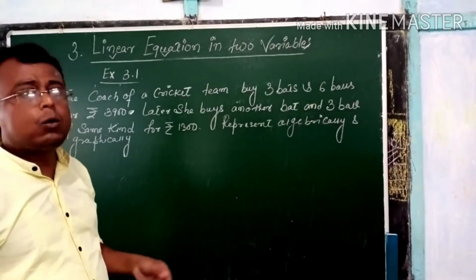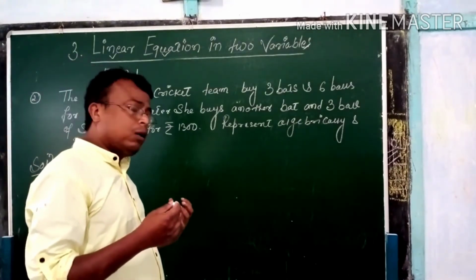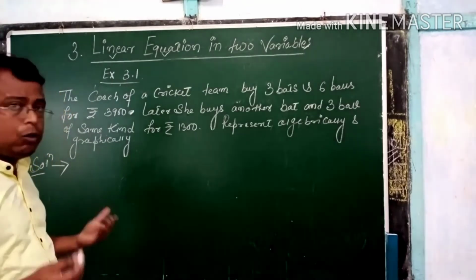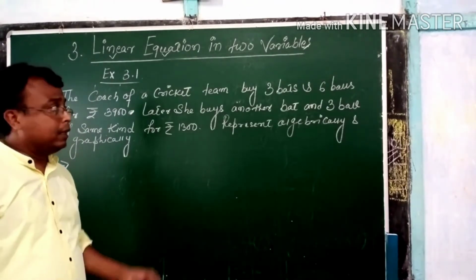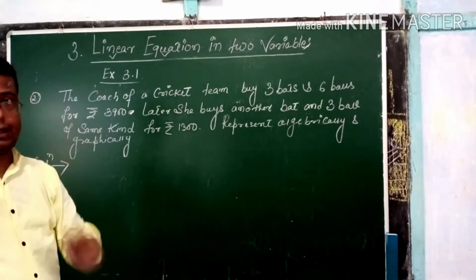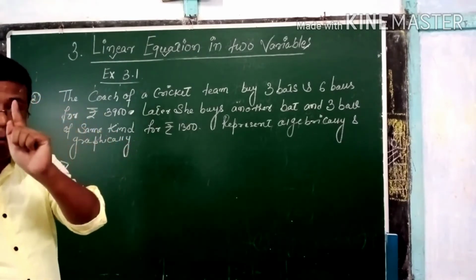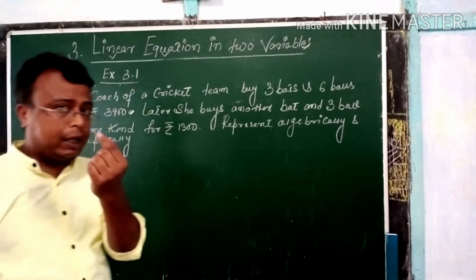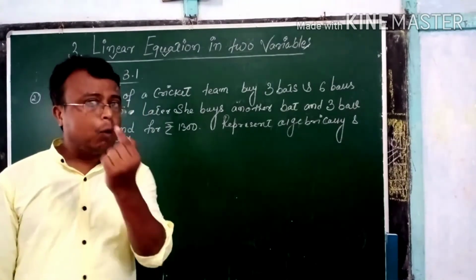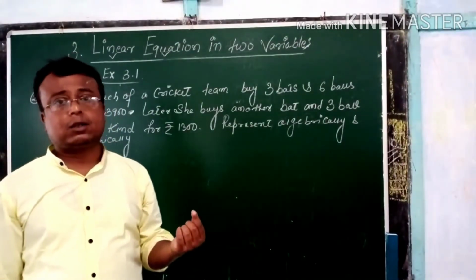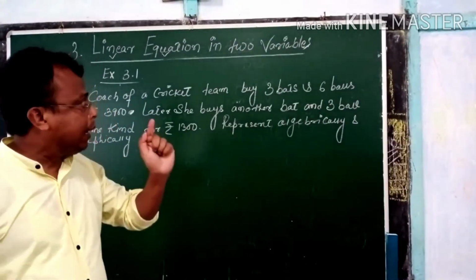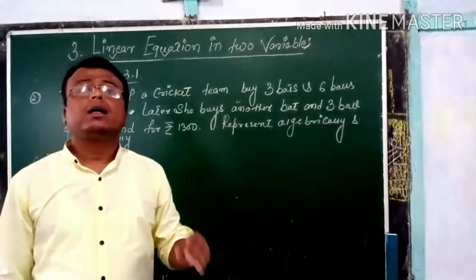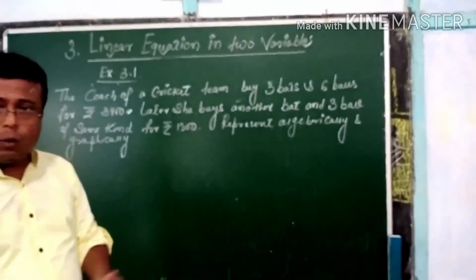What is the variable, which you will suppose as x and y? Yes, the cost of 1 bat and the cost of 1 ball. The cost of one bat, the cost of one ball, that is unknown for us. So we have to suppose the cost of 1 bat is x rupees and the cost of 1 ball is y rupees. And after that we will see the question.